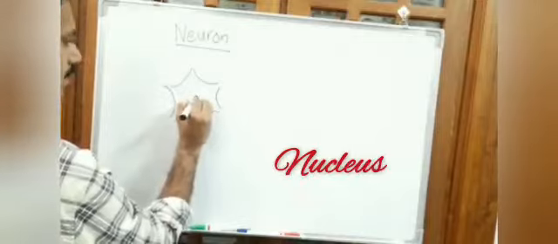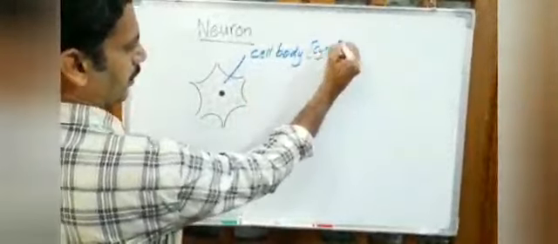And almost at the center is a nucleus. And these together form the cell body of the neuron, or otherwise it is called cyton.